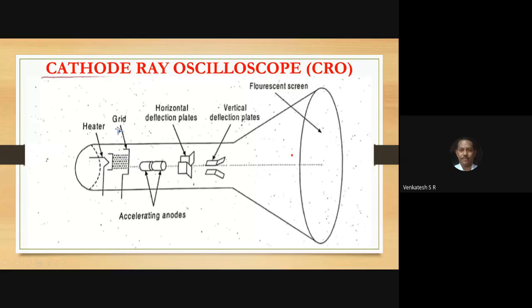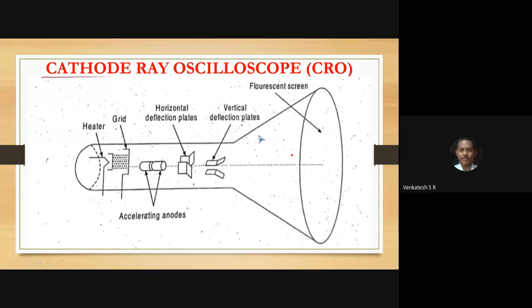The grid is like a cup or container which accepts all the electrons coming from the tungsten filament. Next, accelerating anodes, then horizontal deflection plates, vertical deflection plates and the fluorescent screen. The image you observe on the screen is the fluorescent screen.